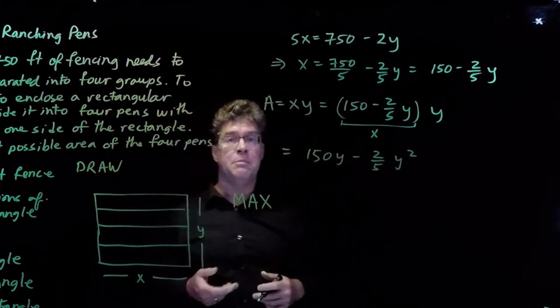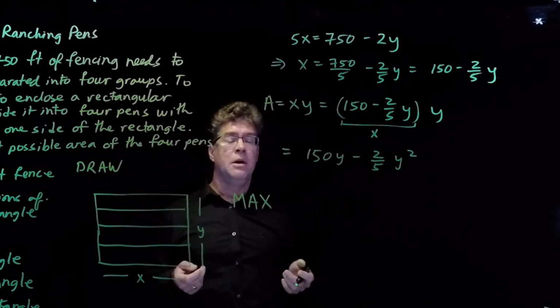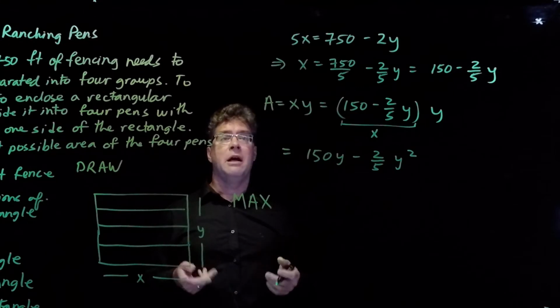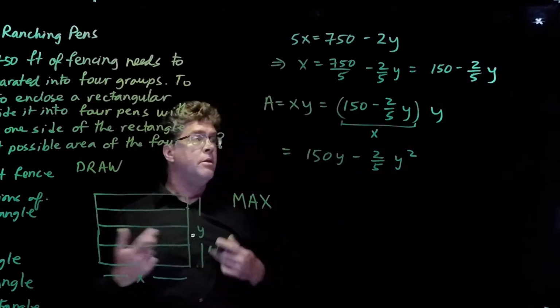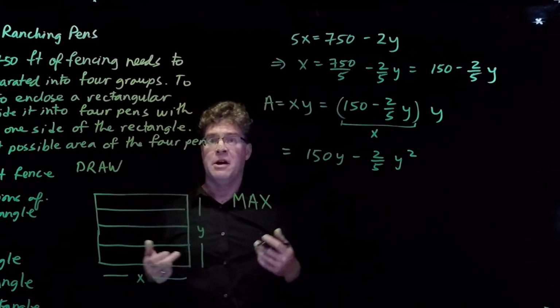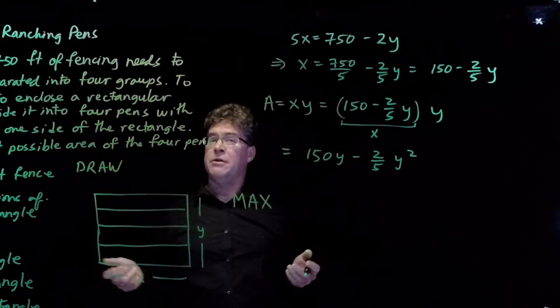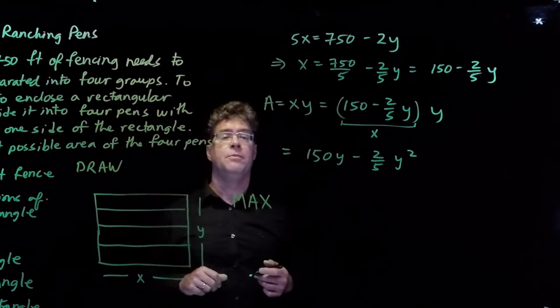Now we're interested in maximizing A, and so we want to find a critical number, i.e. a value of y such that A prime is equal to 0. The other criteria for a critical number would be where the derivative does not exist, but that's not relevant here because A is a polynomial, so it's differentiable.